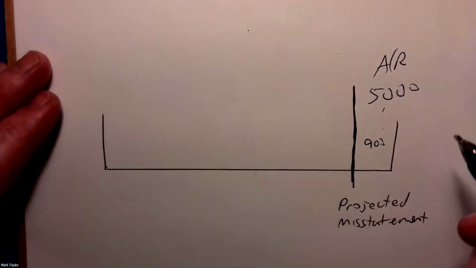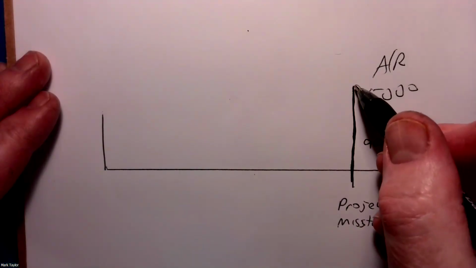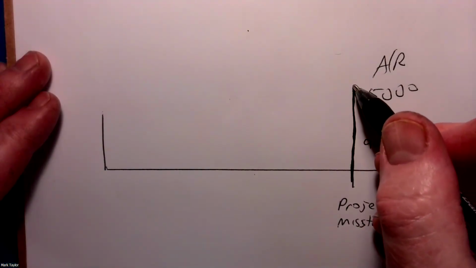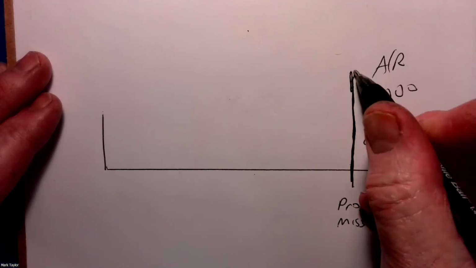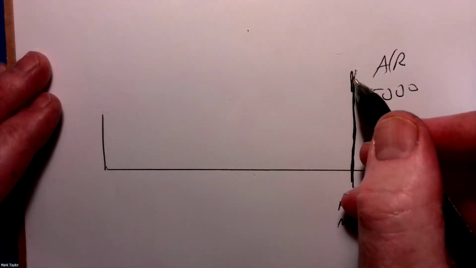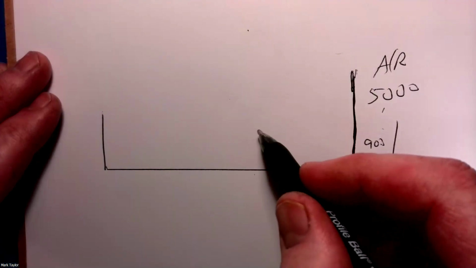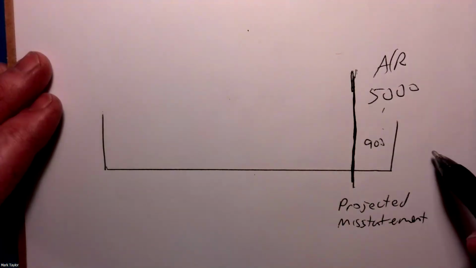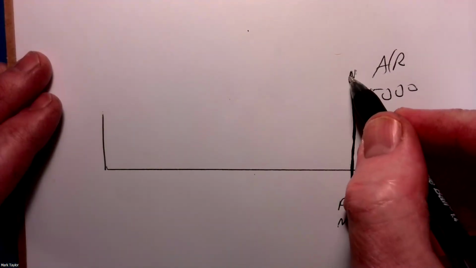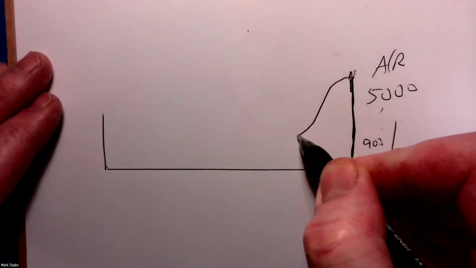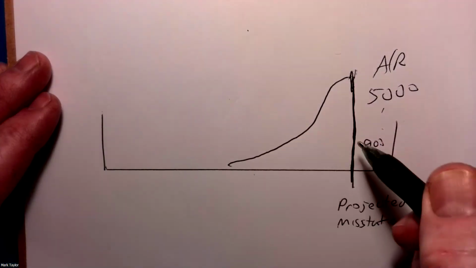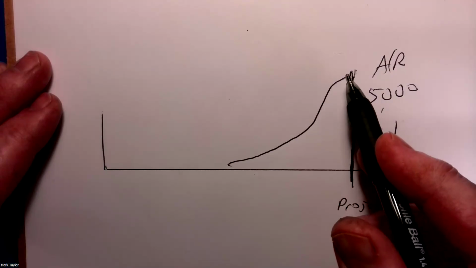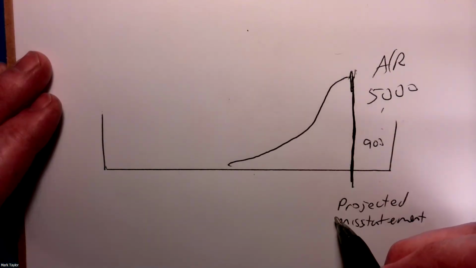Now, it is possible that it's misstated by more. This is only for overstatement. A normal bell curve would go both ways, but this only goes this way. It could be misstated by even more.